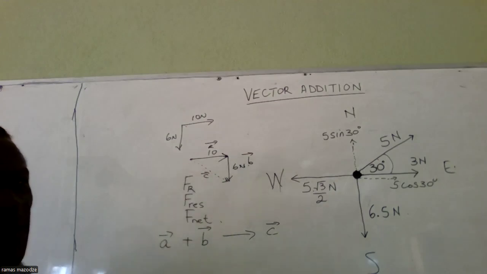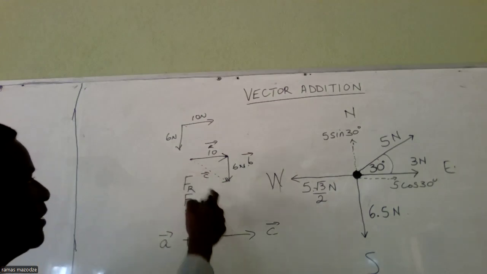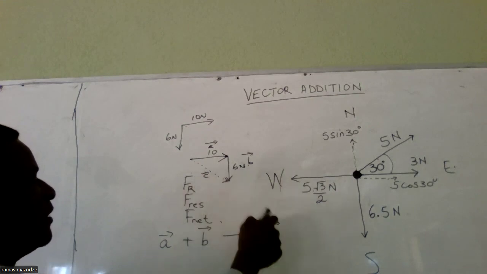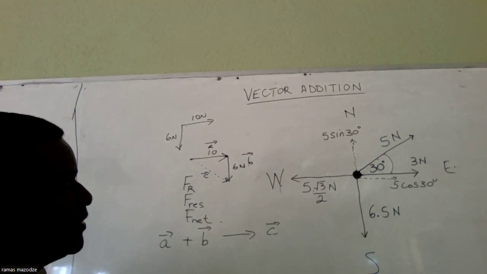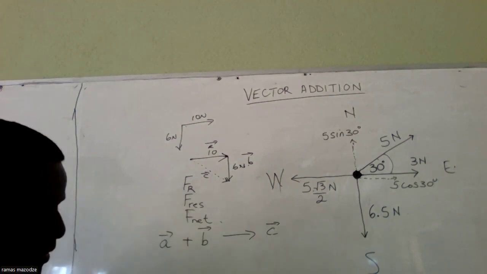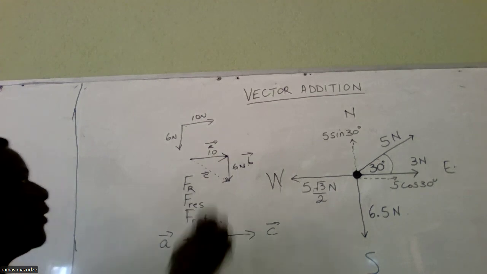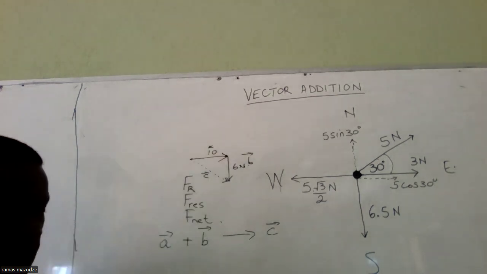We apply Pythagoras theorem, which is C squared equals A squared plus B squared. I decided to use A, B, and C because you're already familiar with Pythagoras. So to get F res, let me write it at the top there.